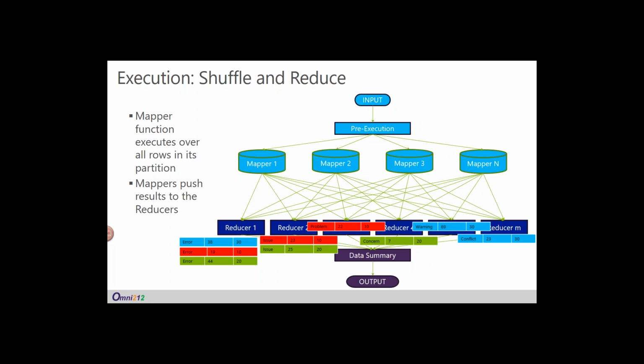In our example, reducer 1 gets the count of the word error from mapper 1, mapper 2, and all the other mappers. So reducer 1 will be responsible for only the single keyword error. It will fetch the results from each of the mapper tasks, and then it will do the processing.